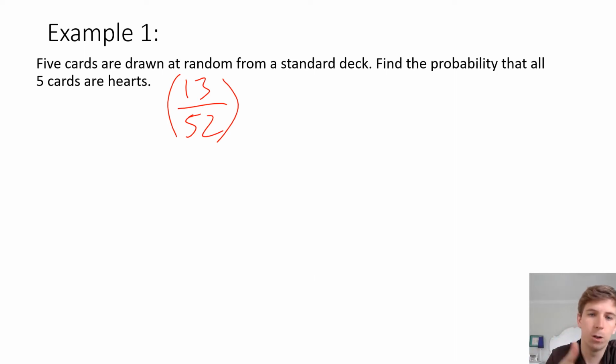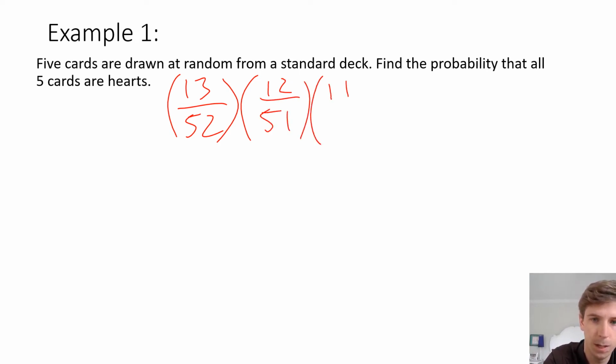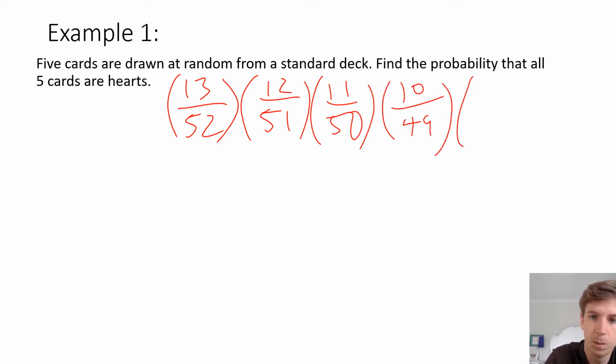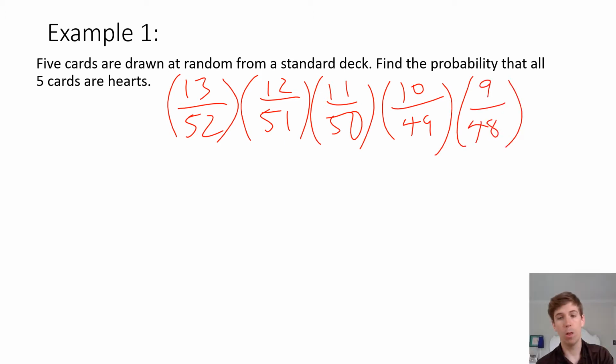Then, drawing without replacement, to get the next heart there are 12 hearts left, 51, etc. Then you would just use the multiplication rule. Multiply all the way down, and that would give you the probability that all 5 cards are hearts.